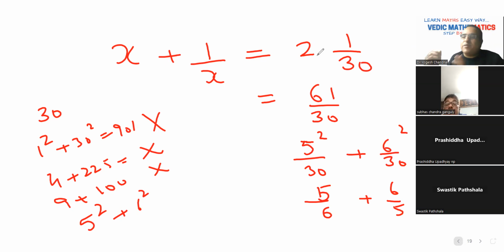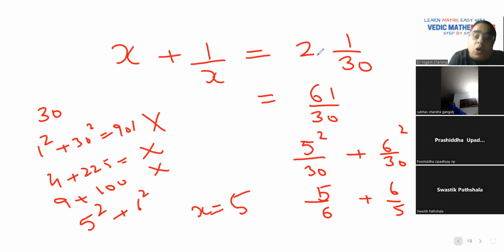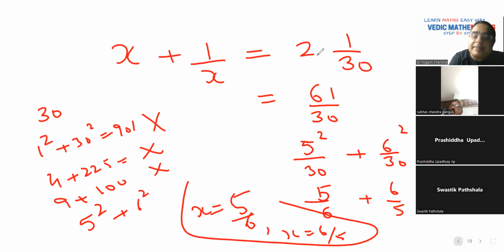So either x is 5 by 6 or x is 6 by 5. Clear? Got it? Instead of going so long, we can just find the answer in a simple way. Any question now?